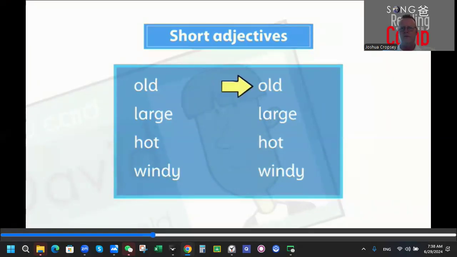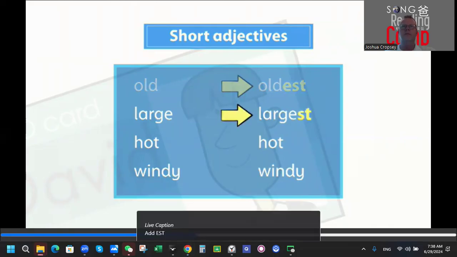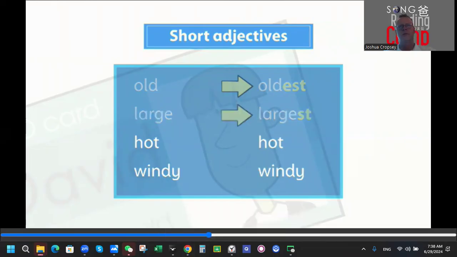Old. Oldest. When the adjective ends in e, we add st. Large. Largest. When a short adjective ends in one vowel plus one consonant, we double the consonant and add est.